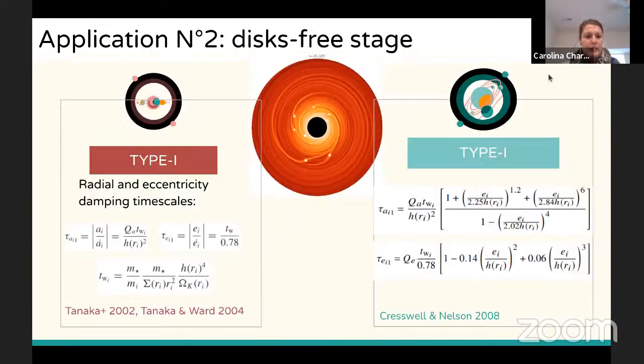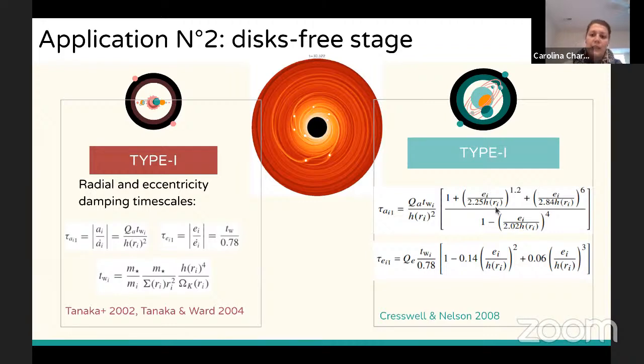And so what we did, here we have the formulas that we use for this migration, but Cresswell and Nelson in 2008 performed hydrodynamical simulations, and they realized that the formulas need to be expanded, because we have to take into account what happens between the eccentricity and the aspect ratio of the disk.